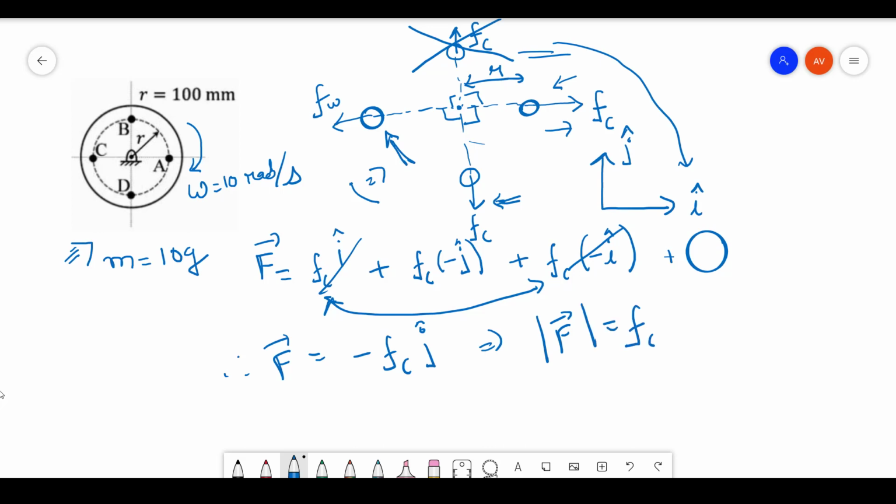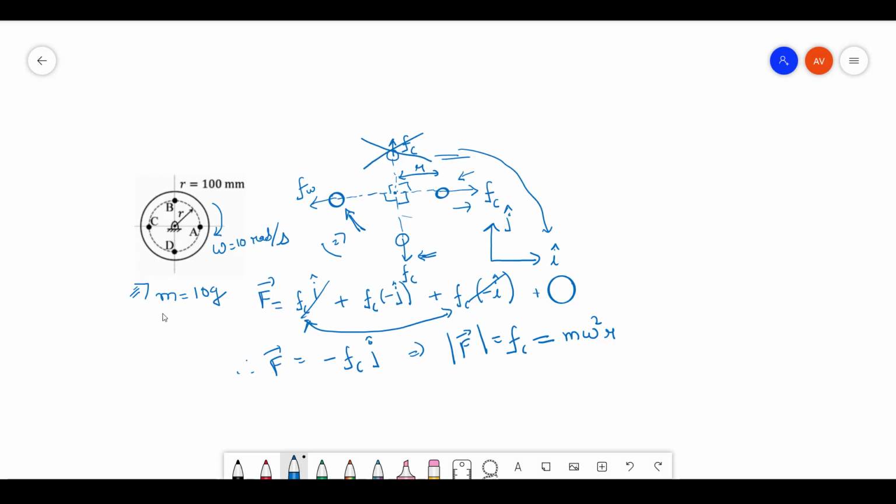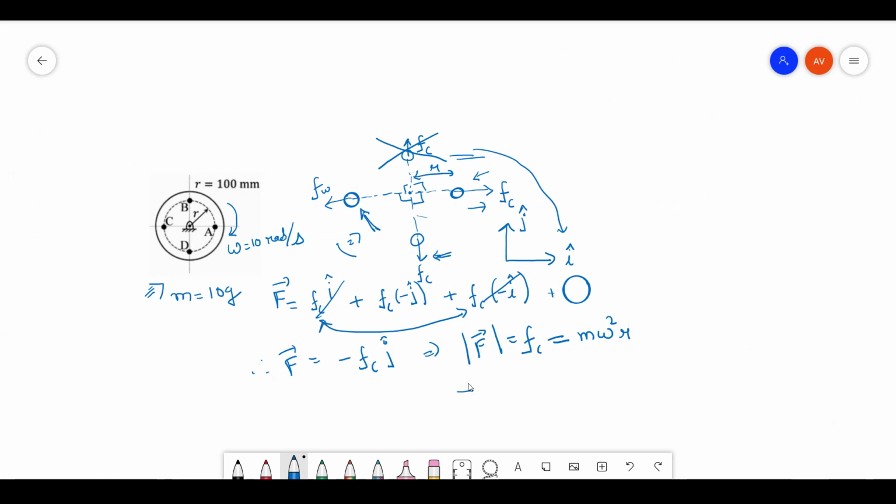Now we know that this Fc is m omega square r. Let's solve this. The mass m is 10 grams, into omega square, that is 10 radian per second square, into the radius 100 mm.